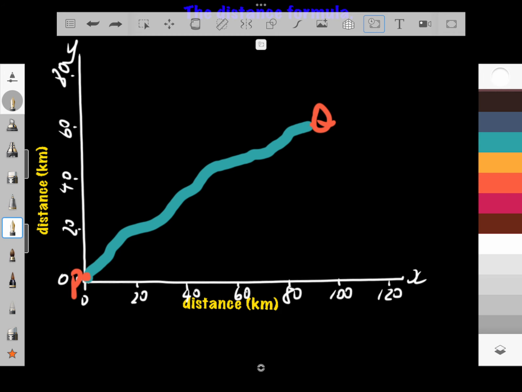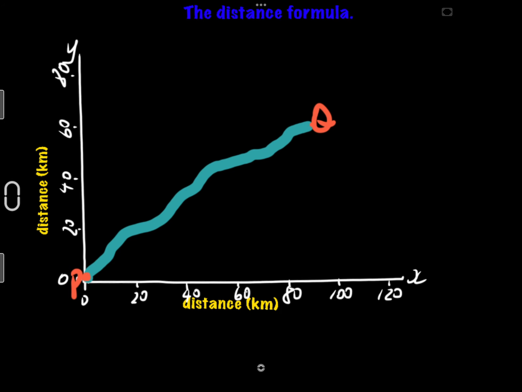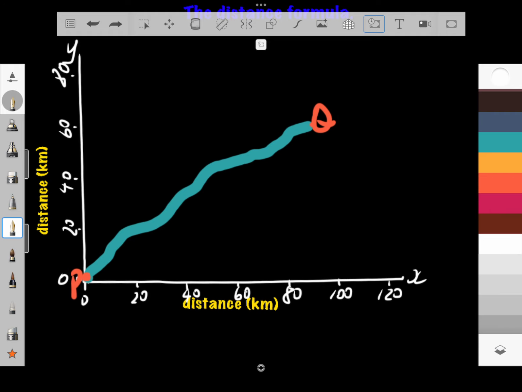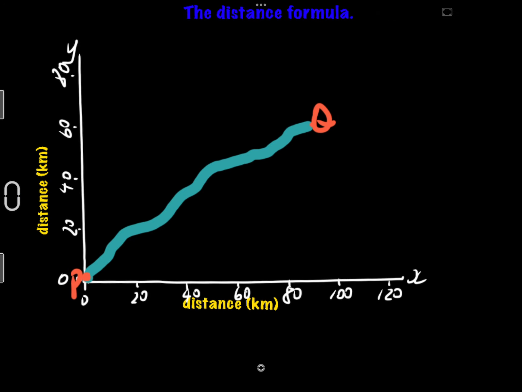Okay, so now to be able to identify certain conditions with regards to this, I'll have to highlight a very important point, which is to note that at P we have our coordinates. So we have our x coordinate. Remember, we have x and y.